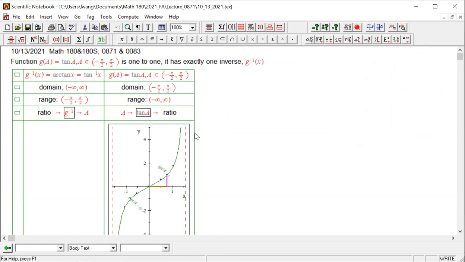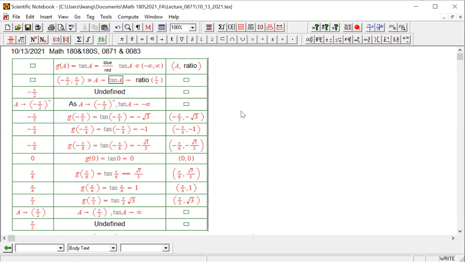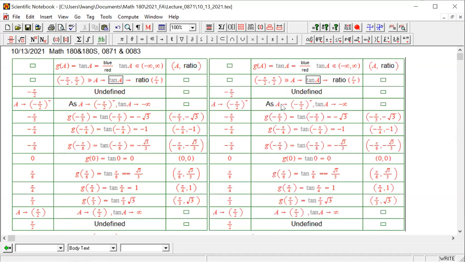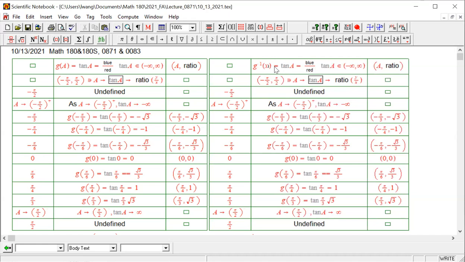Okay, this is the table. What we're trying to do, we're gonna create the points. So we're gonna make another table. But this table is G inverse. I want you guys to see how I changed it.